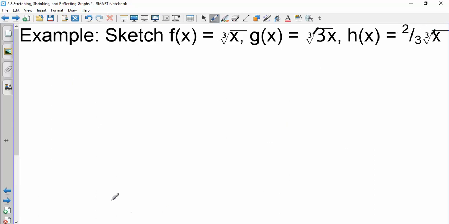Alright, I apologize, I don't know why this looks so funny, but we're going to draw 3 graphs. The cube root of x, the cube root of 3x, and 2/3 times the cube root of x.